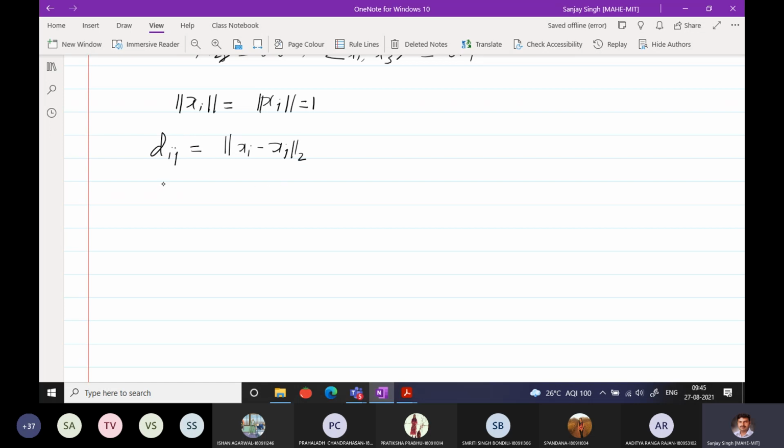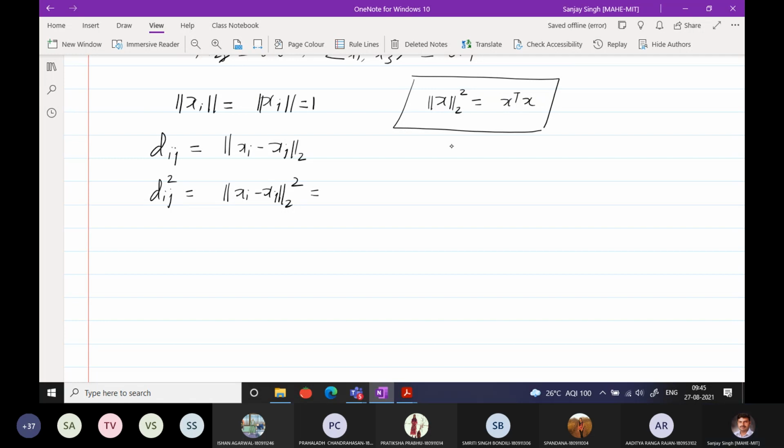Or I can say dij square equals the norm of xi minus xj, squared. You remember I told you this in my linear algebra class as well, I expanded this and showed it. But anyway, now here we go.